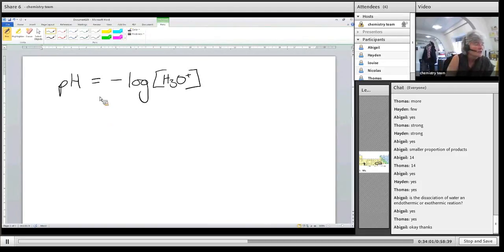Okay, so if you're not sure on how to use your calculator, I know some of you have said yes, but not all of you, work with just straightforward numbers that you know. The way a log scale works is that a log of 1 has a value of 0.